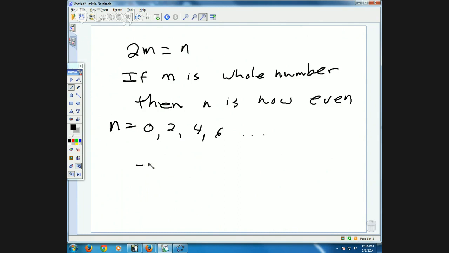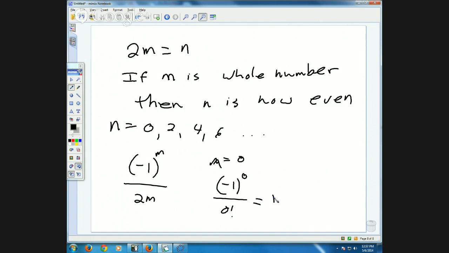So now I have -1 to some power over (2m) factorial for my coefficient. Is it sufficient to just put an m up there, or should it be an m plus 1? Let's see. If you check it for 0, so if m equals 0, then that's going to give me -1 to the 0 over 0 factorial, which equals 1.